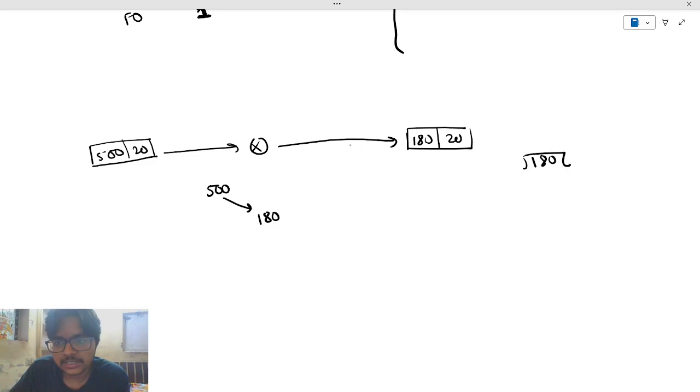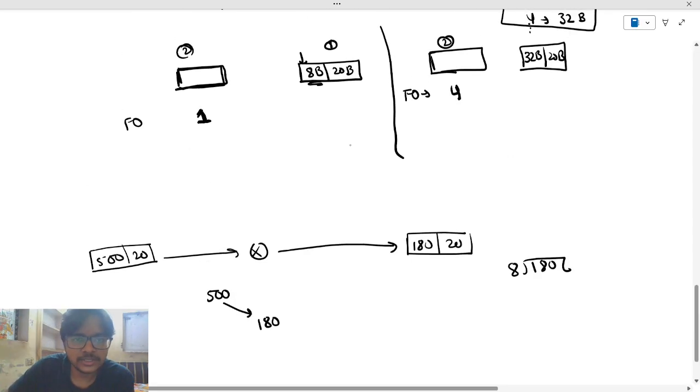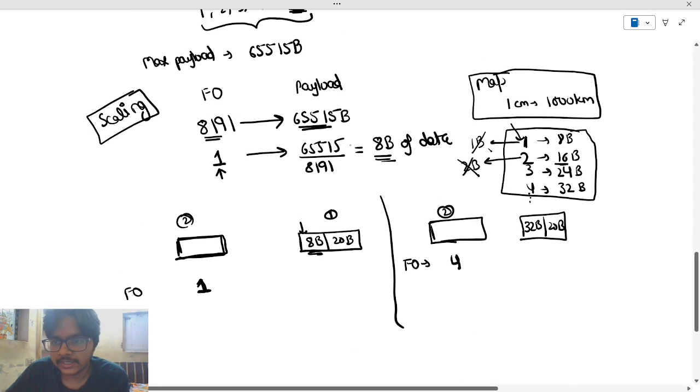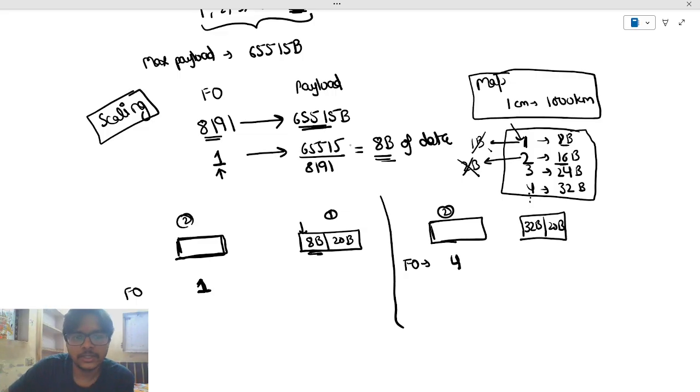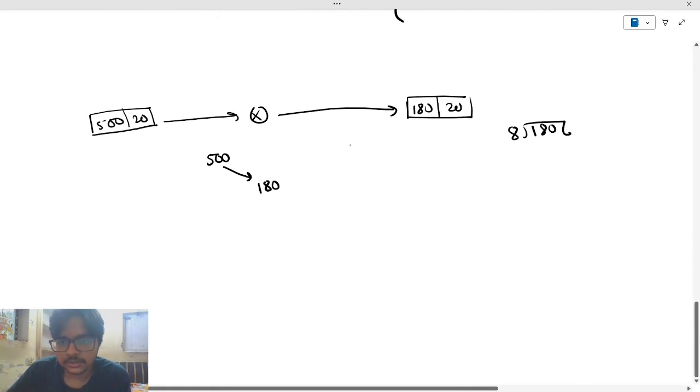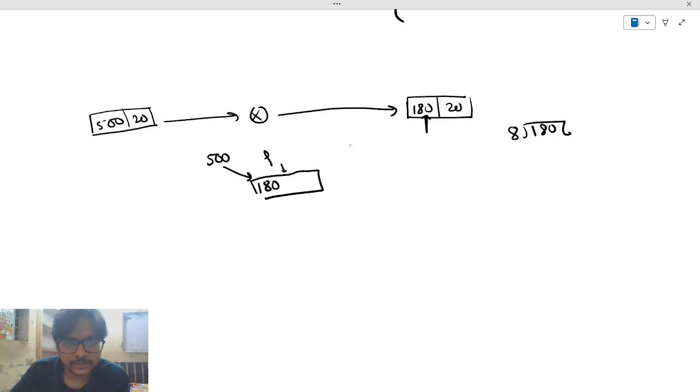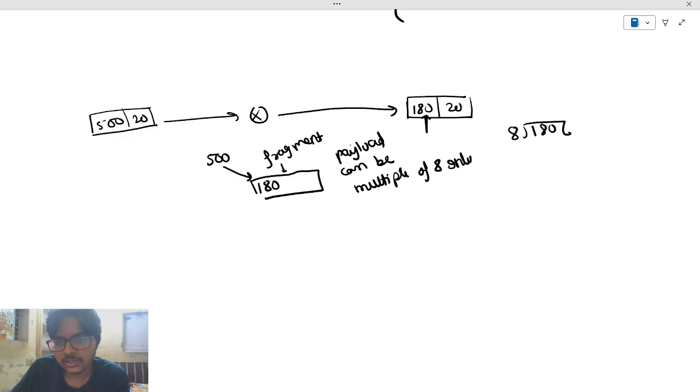It will see if it is divisible by 8 or not, because you can see here that it is a multiple of 8: 8, 16, 24, 32. These are only multiples of 8. Therefore, in a fragment, the payload can be a multiple of 8 only.